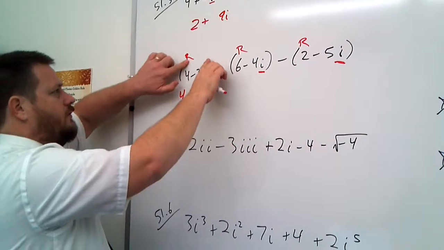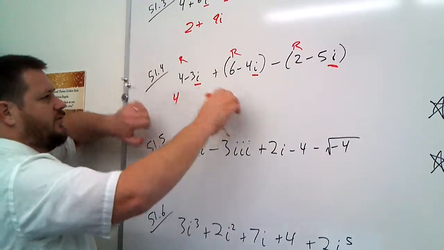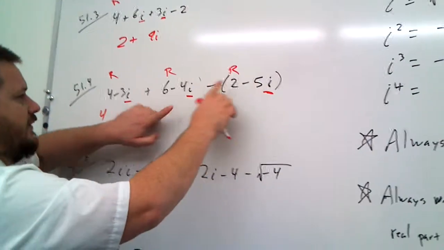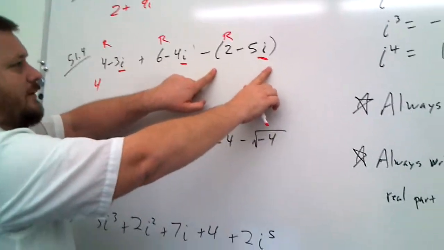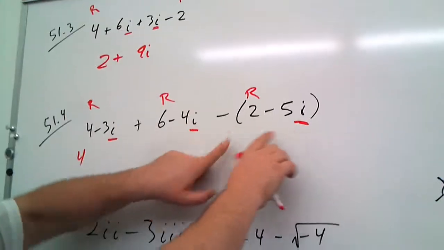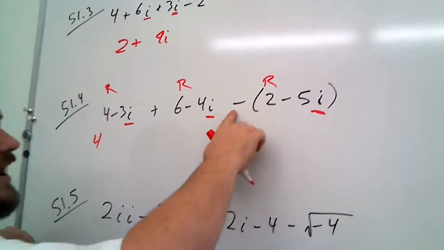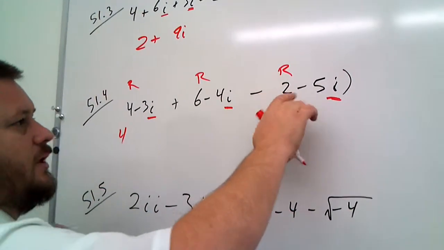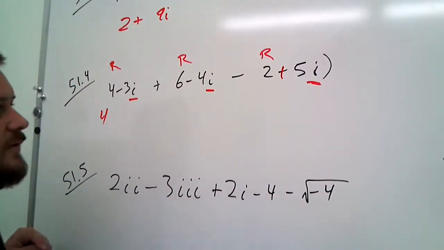No, so let's ditch it. Does this set change anything? No. Does this one? Yes, it does. Why? Because it's negative in front, so we need to distribute this negative. If I get rid of the parentheses by distributing the negative, this positive 2 becomes a negative 2, and this becomes a positive 5i.